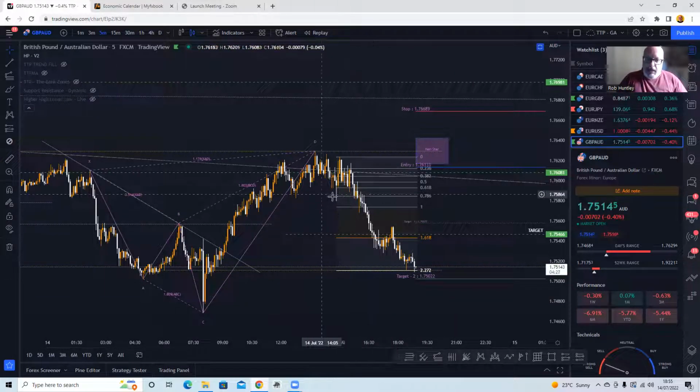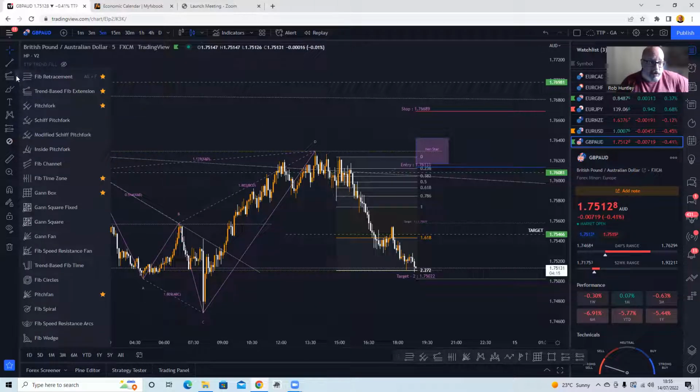So the trend-based fib extension, or some people just refer to it as a fib extension, is this tool here on my drawing toolbar, but you can also get to it from where you normally have, I think it starts off with a pitchfork if you're not familiar with it. So I think it has fib retracement. I think it's probably the initial icon that's there.